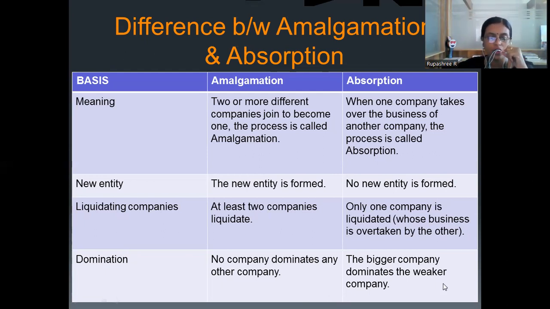The next difference is domination. In amalgamation, no company dominates the other, but they contribute to each other equally so that they find some synergic effect from their amalgamation or merger. Take the example of Maruti and Suzuki.